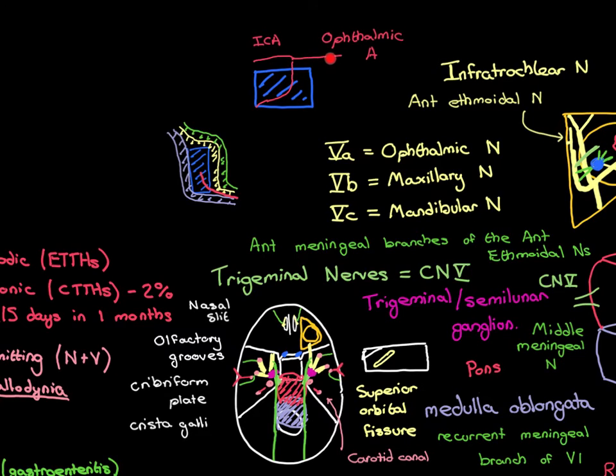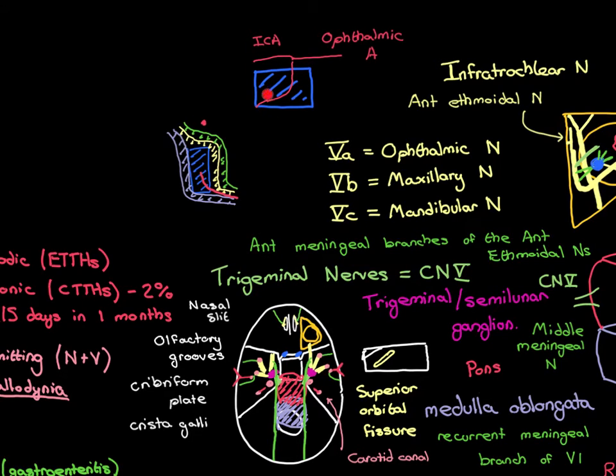Okay, so this is currently, remember, in the subarachnoid space, and on this picture, I won't try and put it in, it will be going forward in this position. The internal carotid artery will be looping back over the cavernous sinus, and right at the front it's giving off the ophthalmic artery. Just to put something in on this picture, here's where the internal carotid artery would be when it's looping back over.